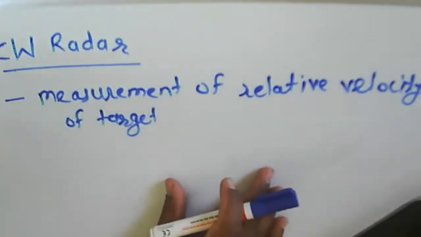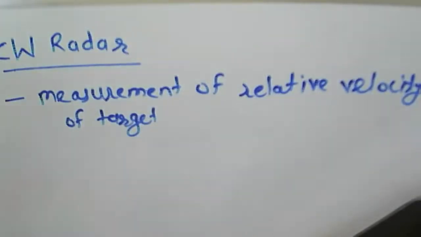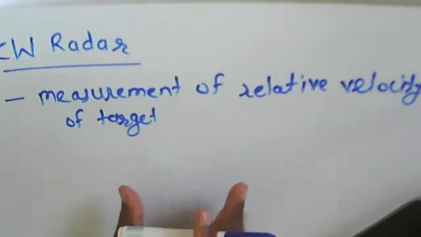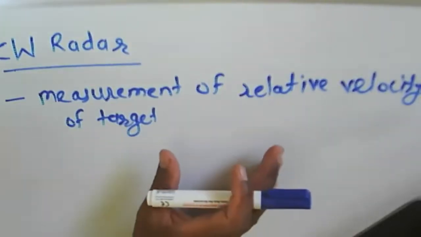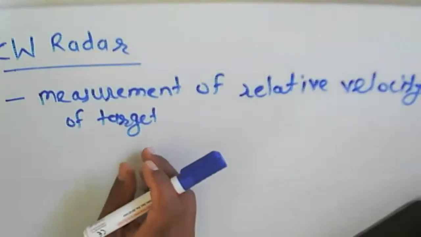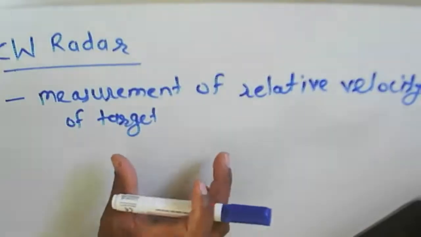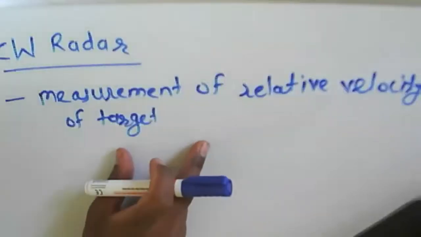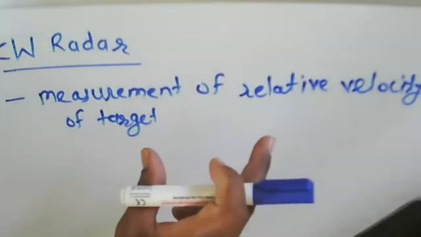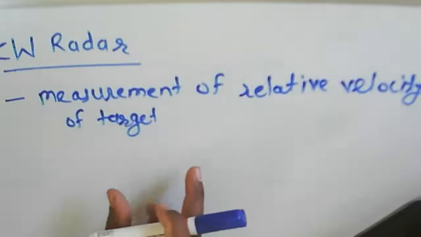Just like the police use it to monitor the speed of vehicles. The police department uses CW radar to measure the speed, that is the speed gun. Or we can use it to identify the speed of an aircraft at takeoff.